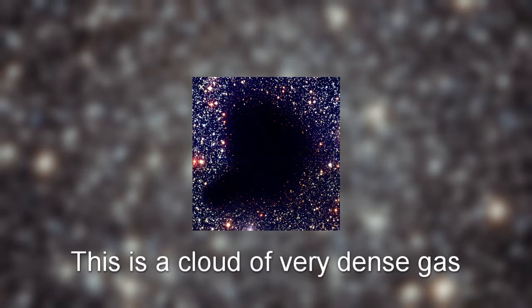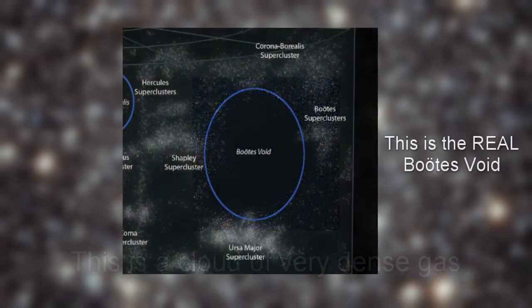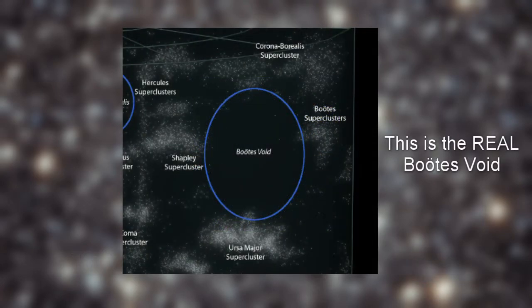So to clear the air about this confusion, the image of Barnard 68 here is far too small to resemble anything like a void, because you can clearly see it's literally a cloud of dust and gas. And to remind you, Barnard 68 is a cloud of very dense gas, and it's not an empty region of space, because that's what a void is.